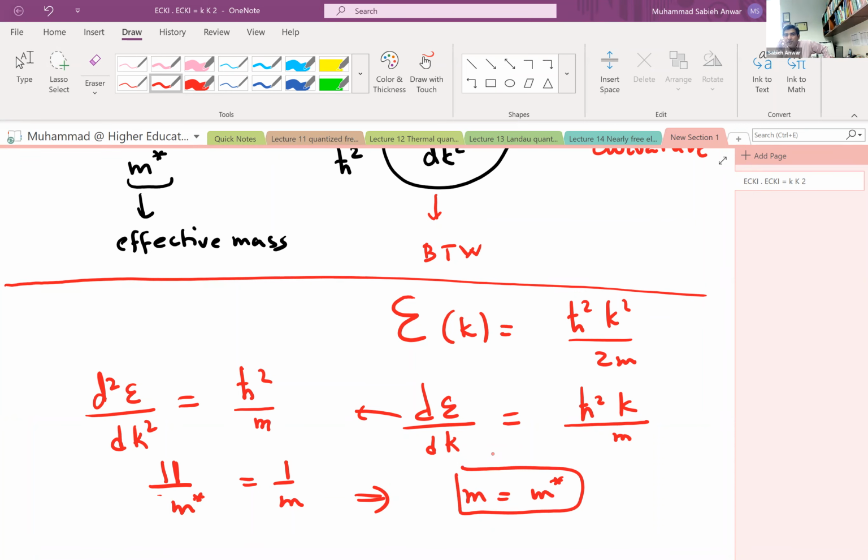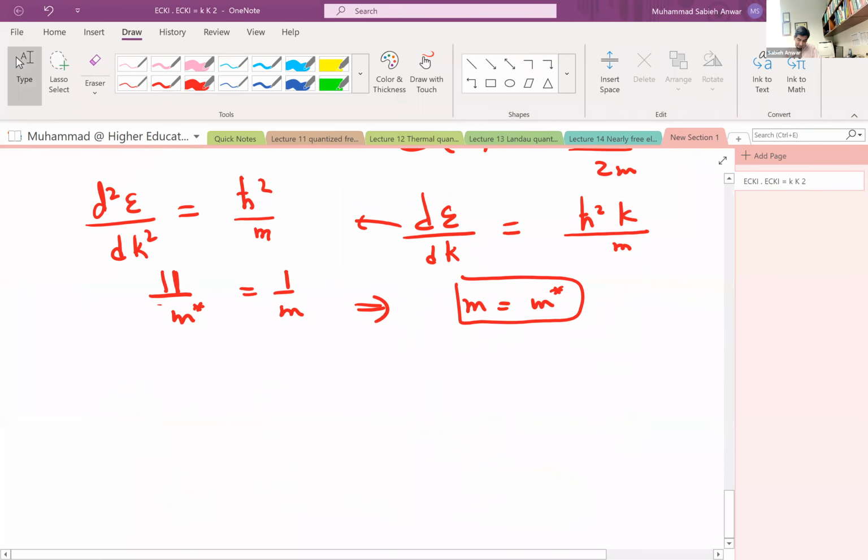It is the periodic potential that makes the effective mass different from the real mass of an electron, which is 9 into 10 to the power minus 31 kilogram, I think. Okay, so the effective mass for an electron that is inside a periodic potential is rather different from the real mass of an electron.